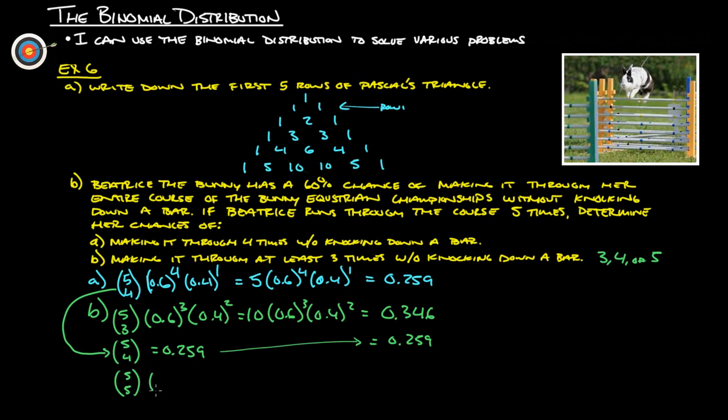So that means we've got 0.6, 5 times are successful, and that means 0.4, we have no times that are unsuccessful. That's 0. And there's only one way for that to happen, and that's to be successful each time. So 1 times 0.6 to the 5th times 0.4 to the 0 power.